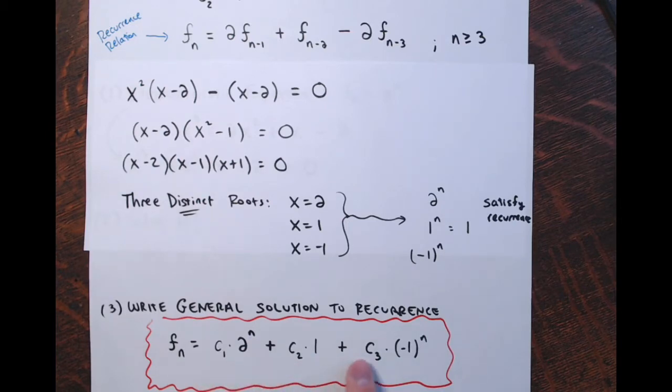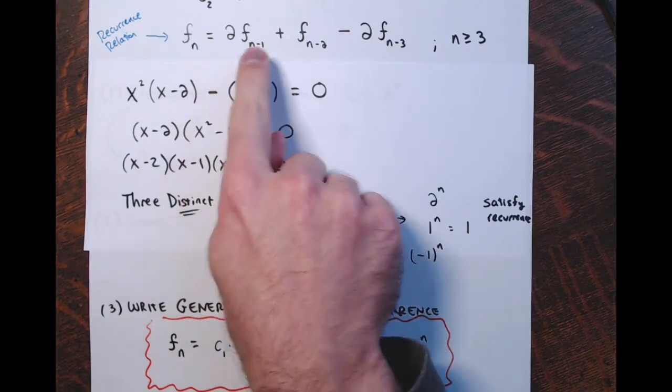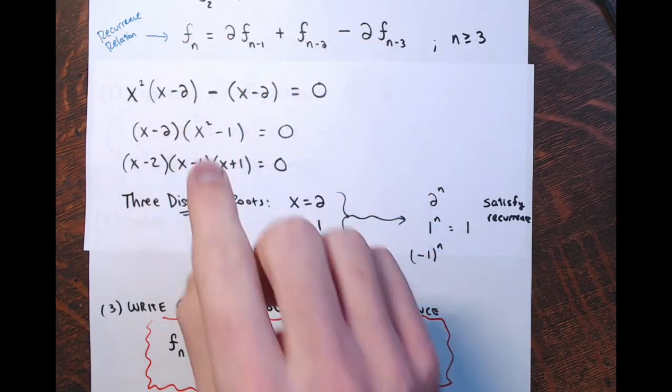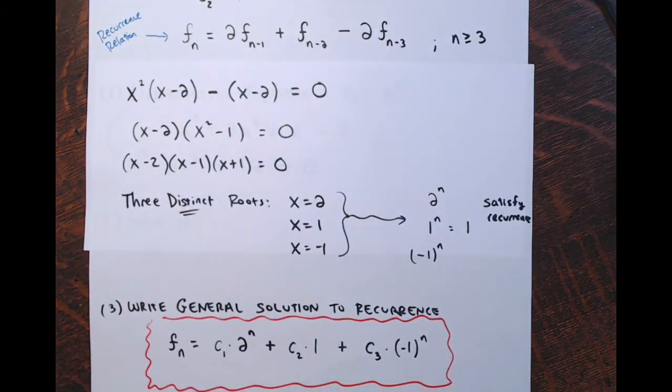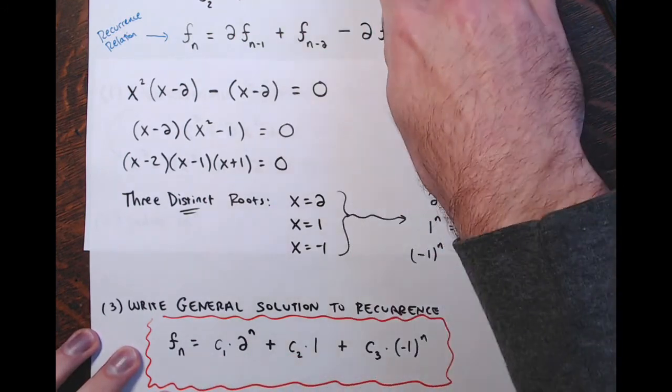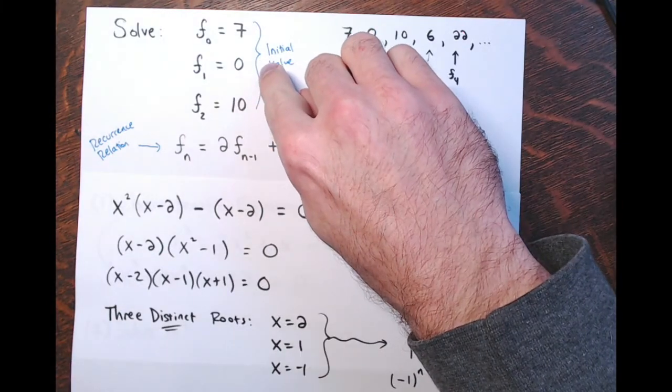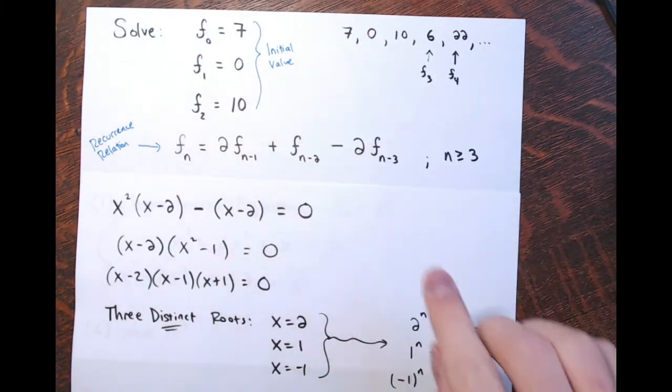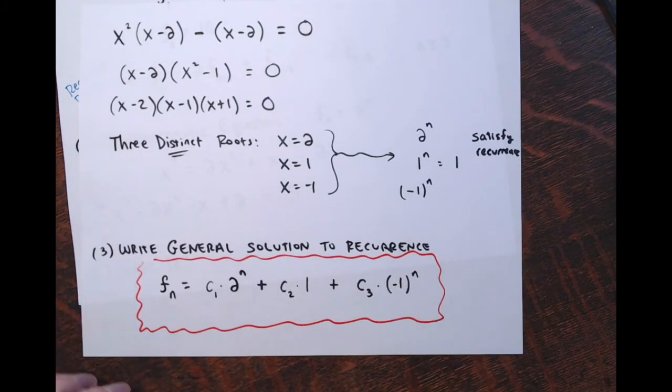All right, and now that I have the general solution to this recurrence, I want to find what specific solution. What are the values of C1, C2, and C3 so that these initial values work as well? That'll be the final part.